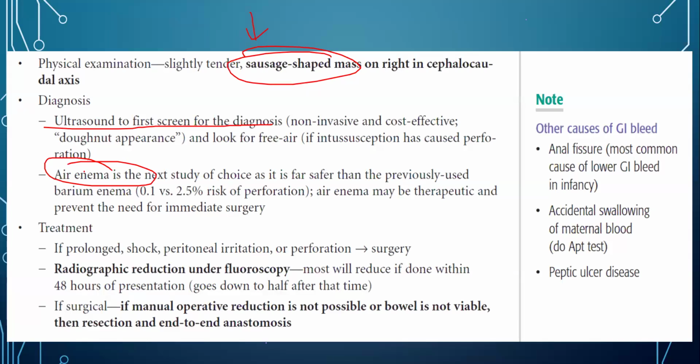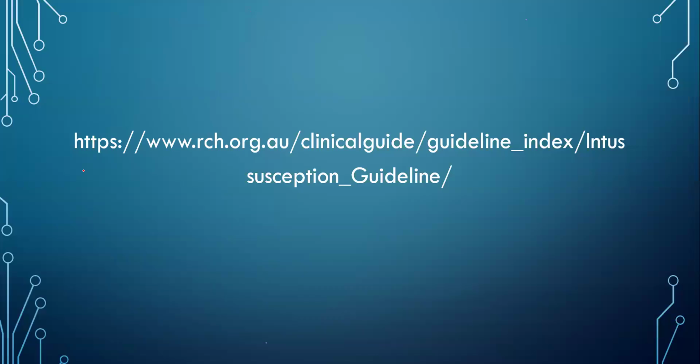Sometimes if you pass forceful air, this telescoping of the bowel can get reduced. That's usually the treatment of choice. And if it helps, it also confirms your diagnosis, so it is both diagnostic and therapeutic. If air enema is unsuccessful, then you go for surgical repair. So that's the treatment.